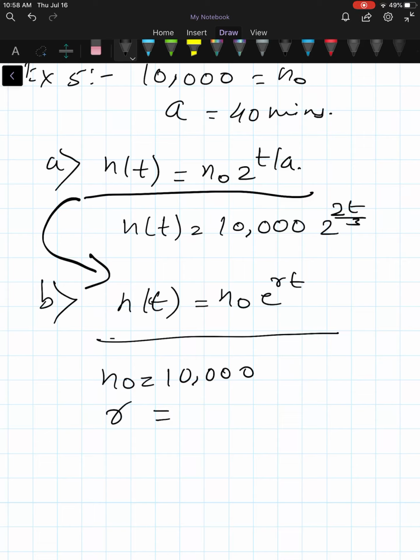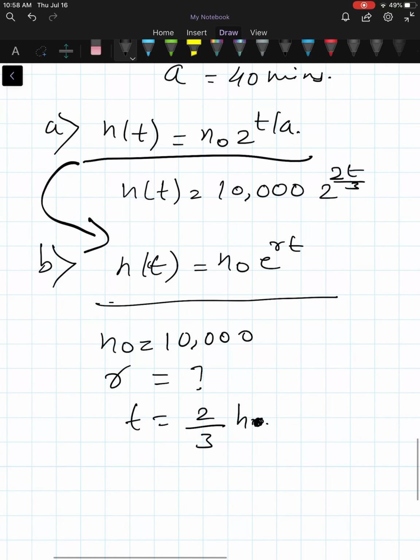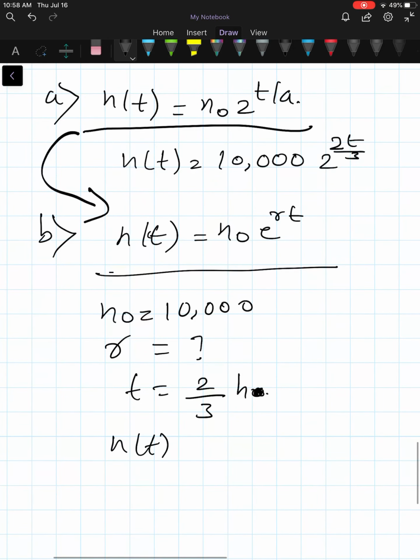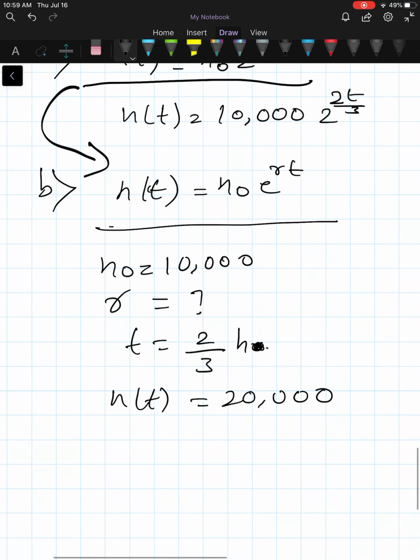Correct? To establish the doubling time model as a relative growth rate model, since 40 minutes is 2/3 of an hour, you will have 20,000 bacteria, because that is the doubling time. So t will be 2/3 of an hour, and n of t will be 20,000.